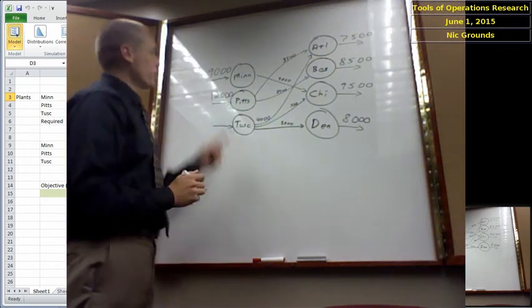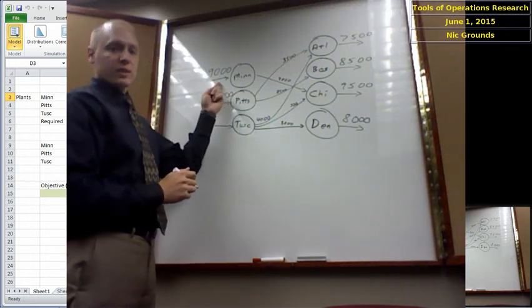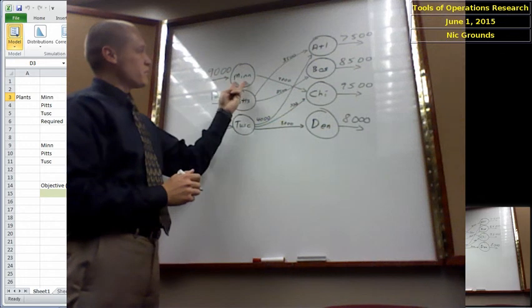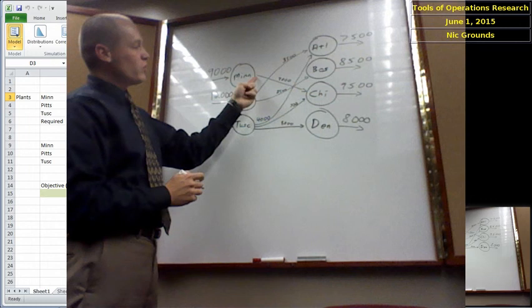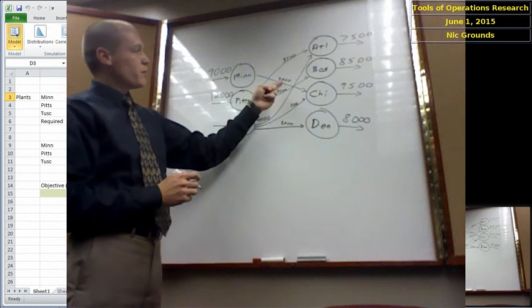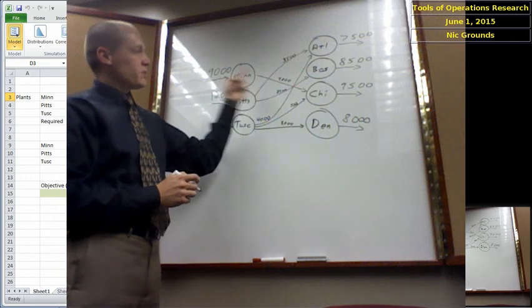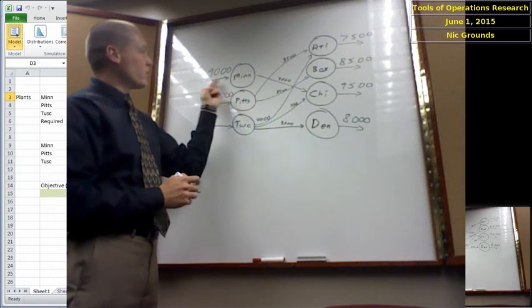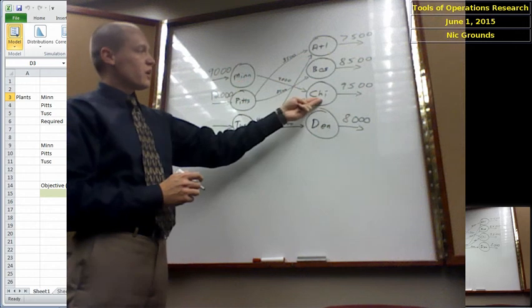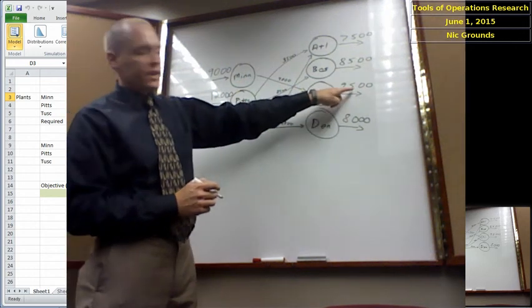So again, looking at our network diagram, we have 9,000 units being supplied by the capacity of Minneapolis. And in this case, the only edge coming from Minneapolis is one going to Chicago, labeled with the 9,000 that Minneapolis had available. So all 9,000 units from Minneapolis went to Chicago. Now Chicago needed 9,500.